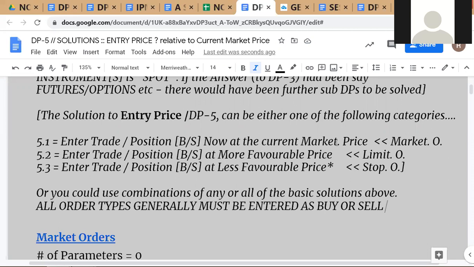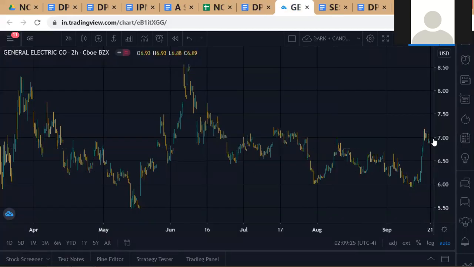So the entry using a stop order is always at a less favorable price. Why? Because the market is 7 and I'm placing a sell stop at, say, just under 6. If I'm a seller, it's obviously less favorable for me to sell at 6 than to sell at 7. So same thing here, it will be a sell stop.